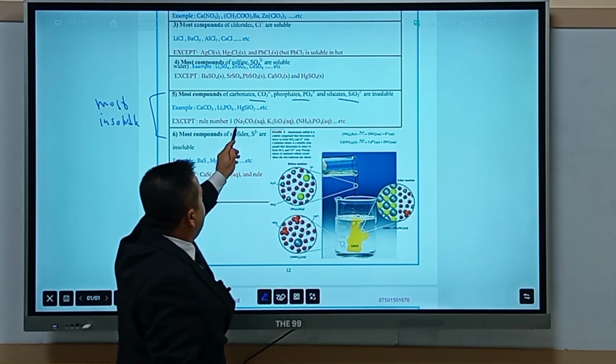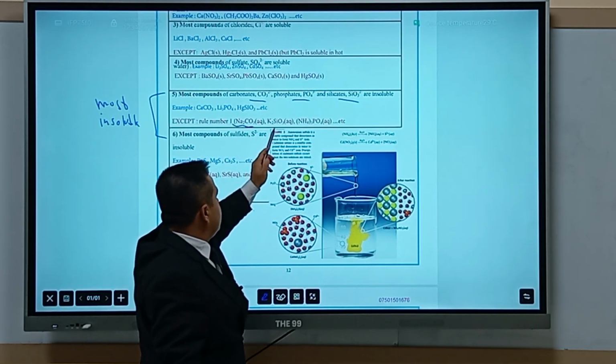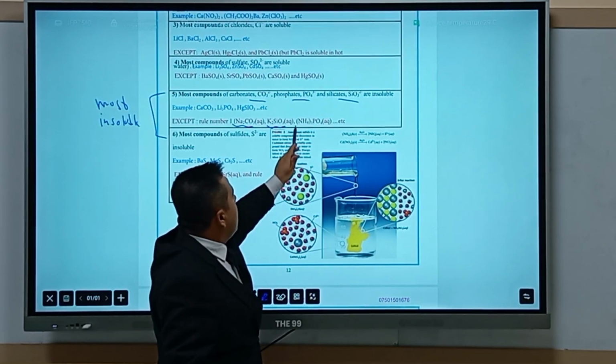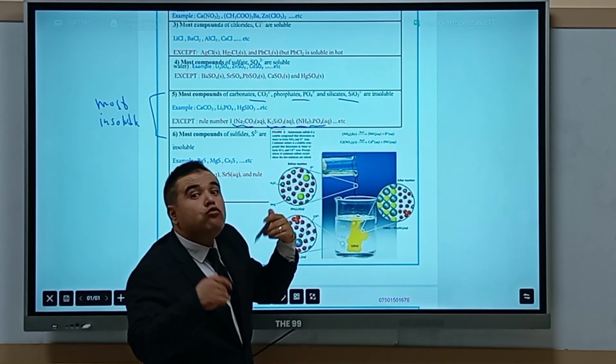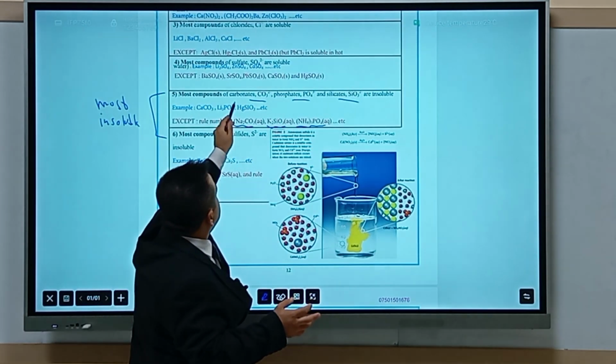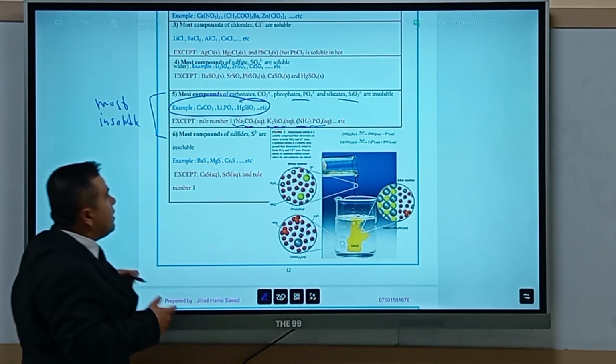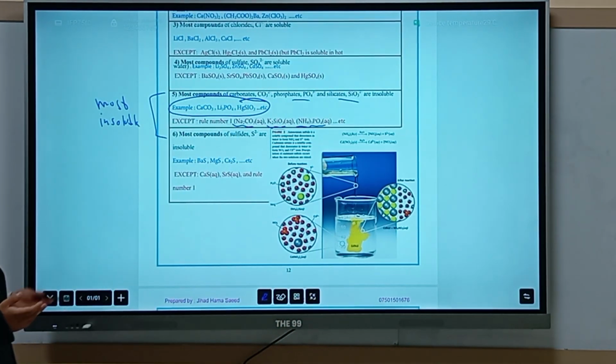So sodium carbonate, potassium silicate, and ammonium phosphate are all soluble. But the others are insoluble: calcium carbonate, lithium phosphate, mercury silicate are all insoluble.